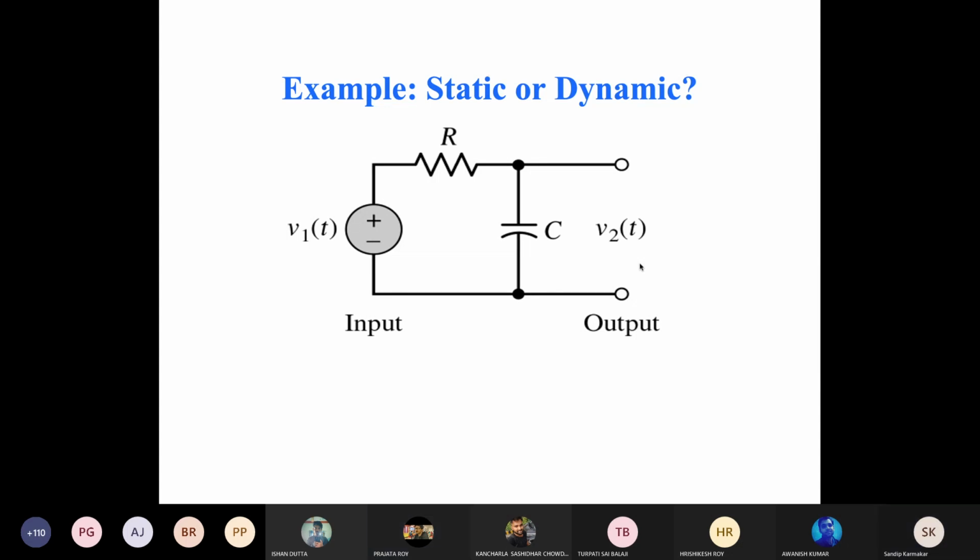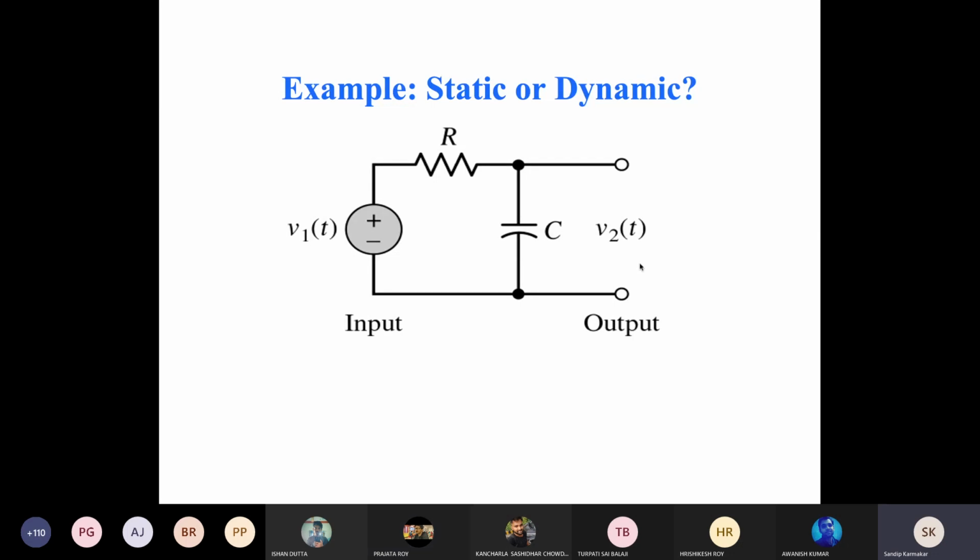Oh no, it's static, sir, because only V1(t) is affecting V2(t), the present value. No, but the voltage across the capacitor is V2(t). That is dependent on the capacitor also, right? Oh, okay. Capacitor is also storing. So it will be a dynamic system.